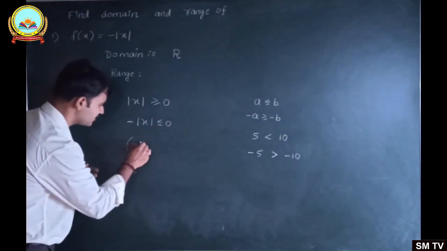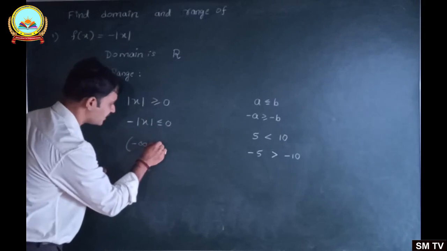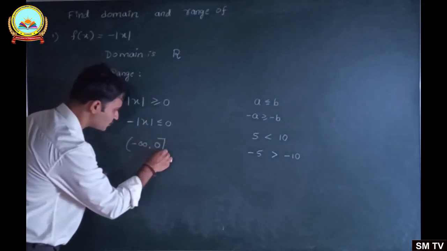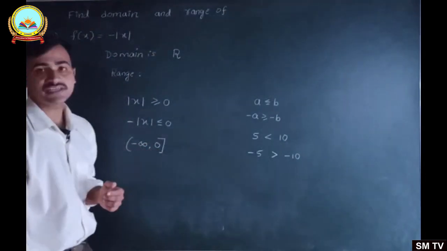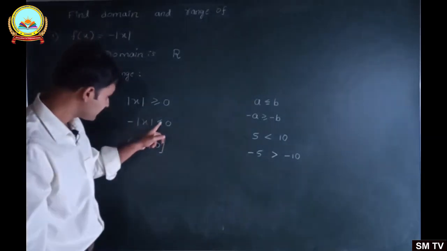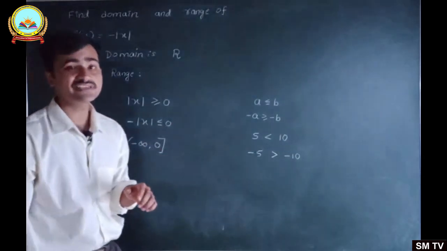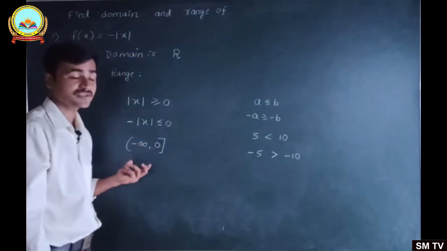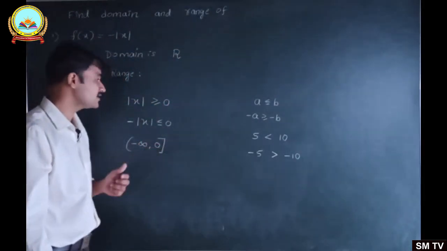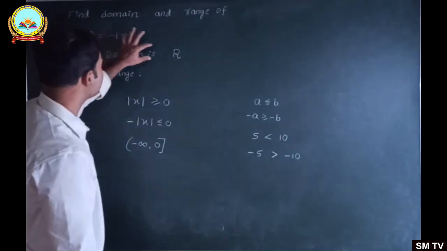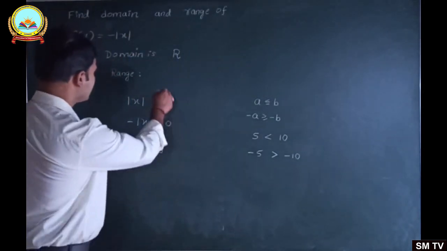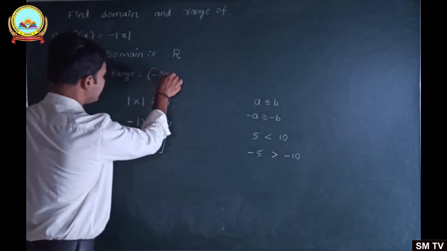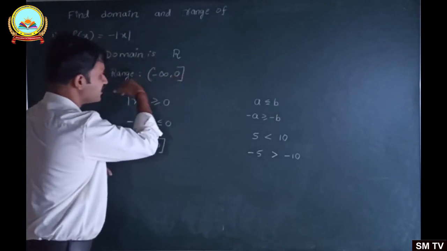Okay, so now here minus of mod x is less than or equals to 0. Less than or equals to 0 means it is minus infinity to 0. You can use closed interval 0 because it is less than or equals to 0. In set theory, you know how to represent these values in interval forms.